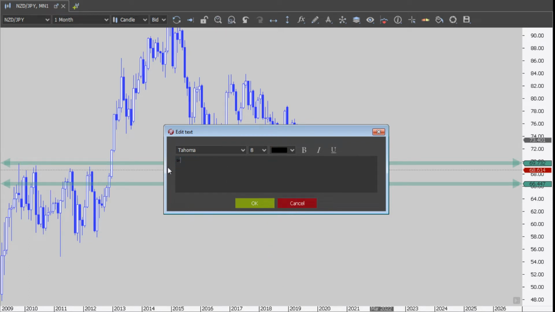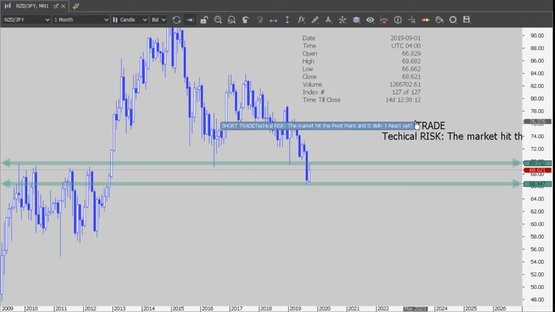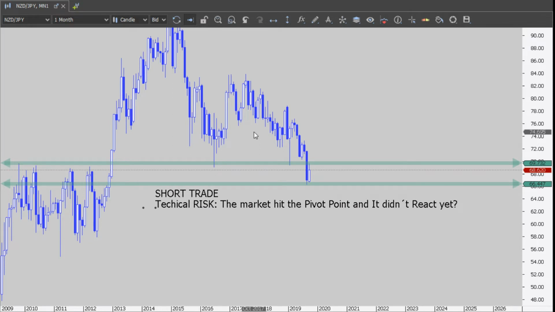So, short trade, technical risk: the market hit the pivot point and it didn't react yet. Question mark, we don't know, it's speculation. So this is the technical risk from the monthly standpoint.